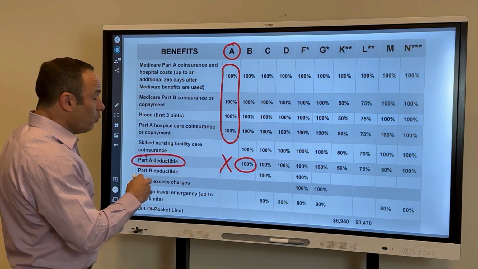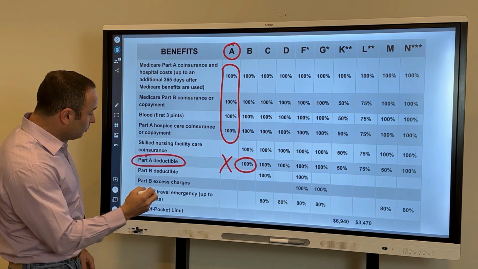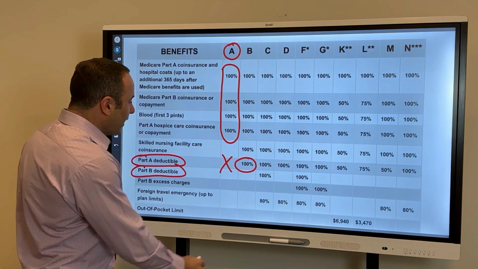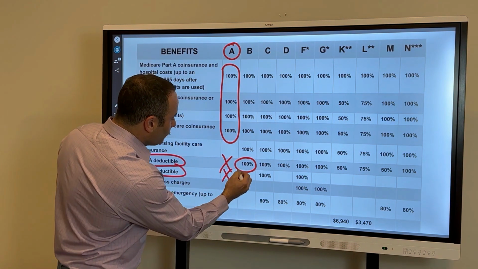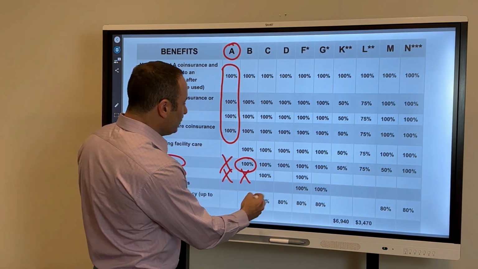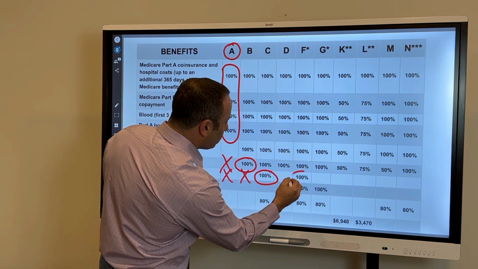So, if you were prior to January 1st, 2020, and you wanted your Part B deductible covered, which is going to be in this section right here, we will not have that under our Plan A. We're not going to have that even under our Plan B, but what we can do is we will find that under our Plan C and underneath our Plan F.